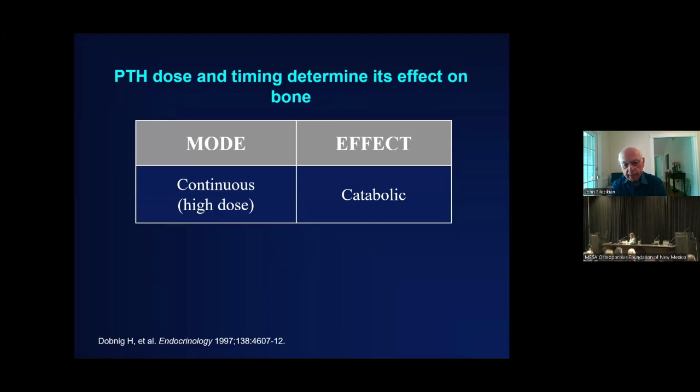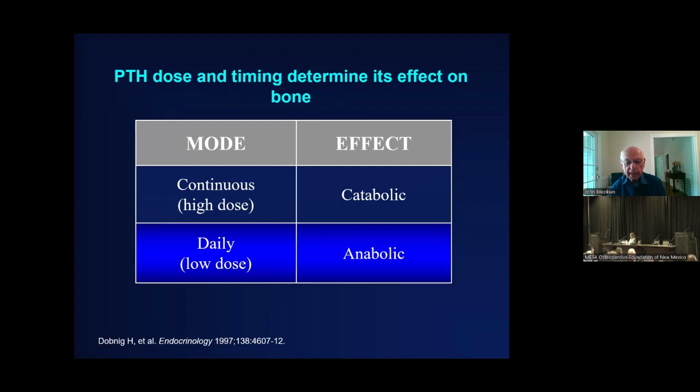And the seminal observation we usually attribute to Harold Dobnig, in 1997, where he showed the dual action of PTH: when presented continuously in relatively high dose, that would be hyperparathyroidism, you have a catabolic effect.